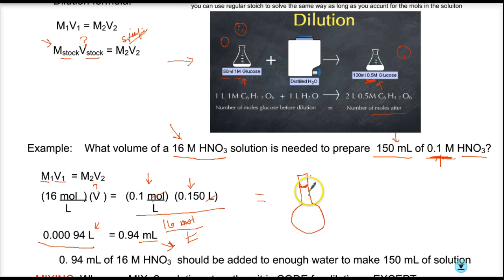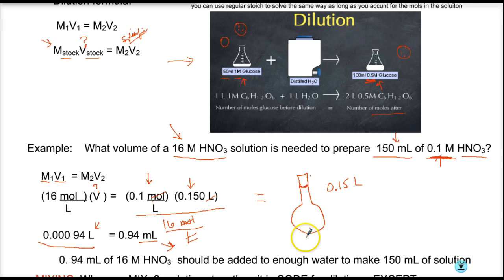These come in whole numbers usually, but you can get them in different sizes, and if this is what you were going to do, this would be a 0.15 liter volumetric flask.